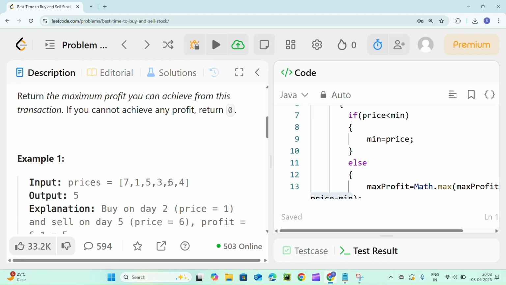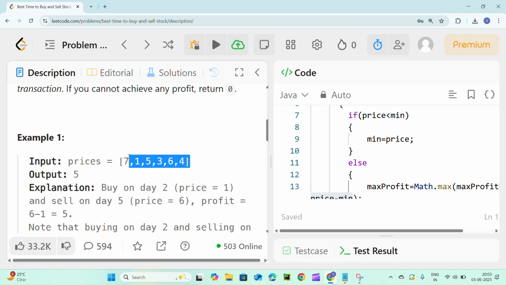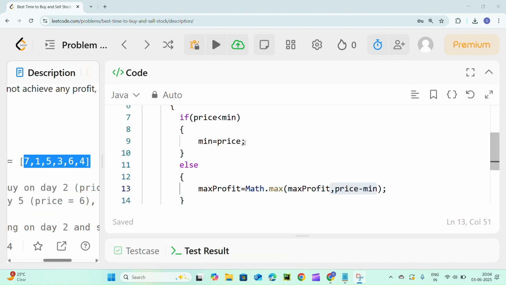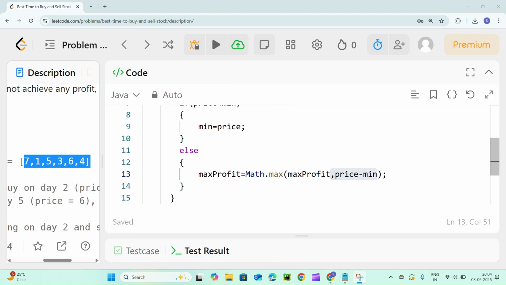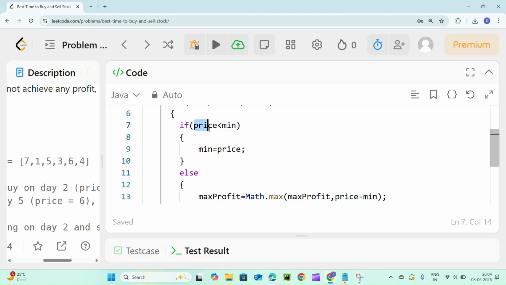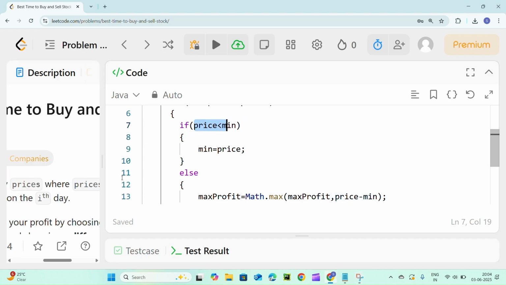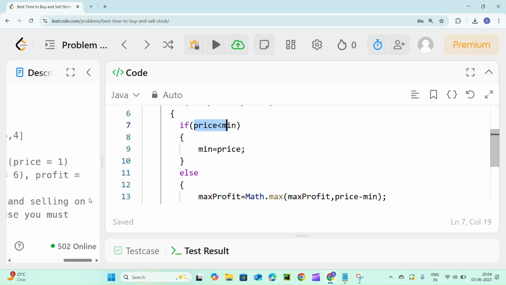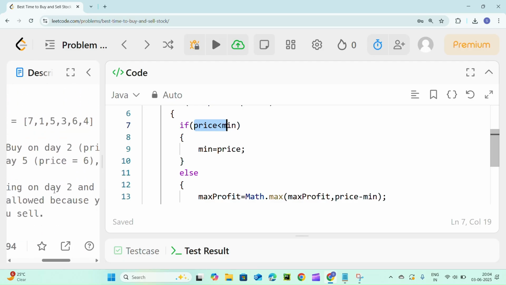Let's take this example. Yes, now you can see the screen perfectly. Now let's take first the price value. Price value is 7. 7 is less than minimum.